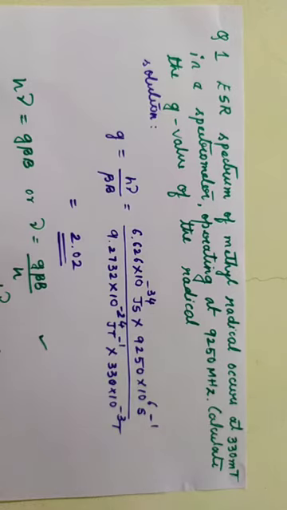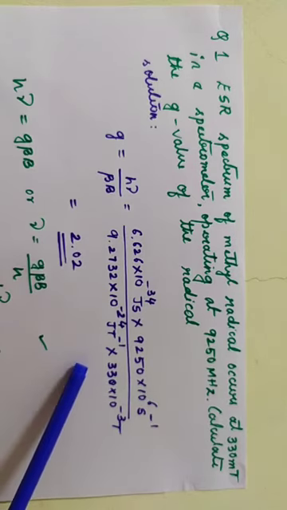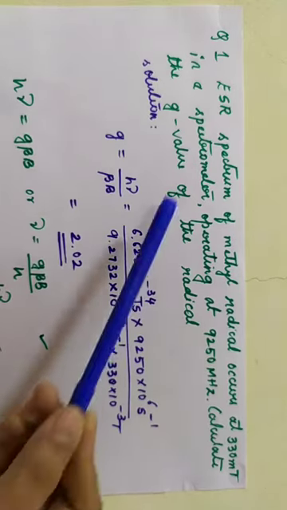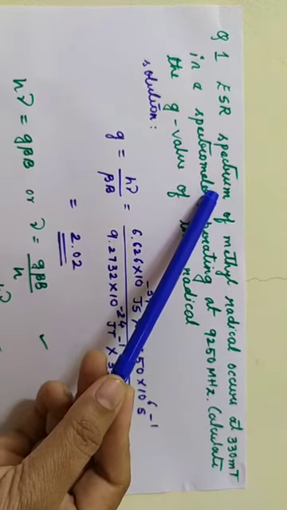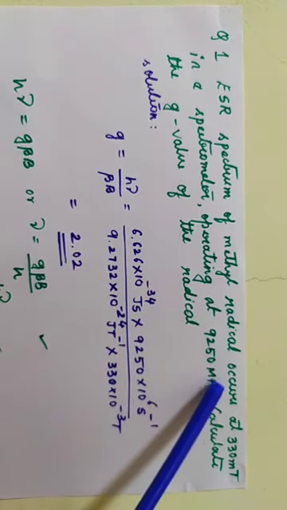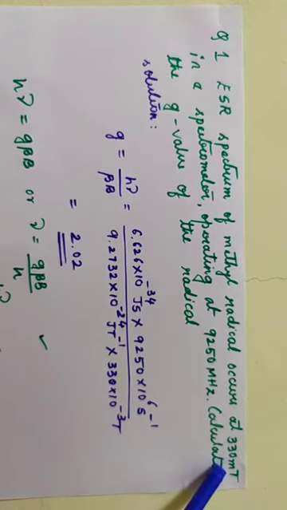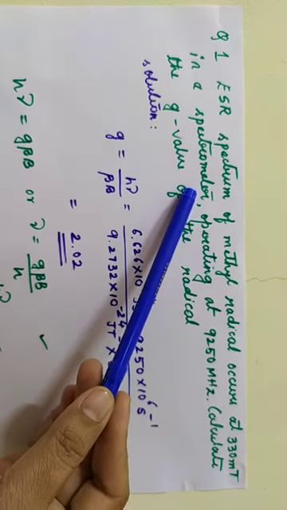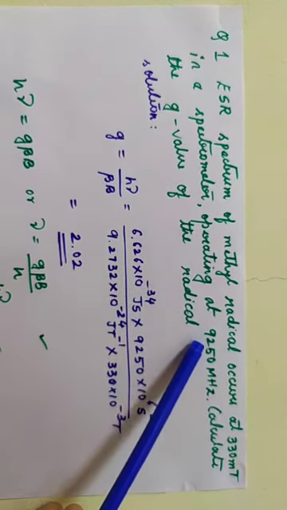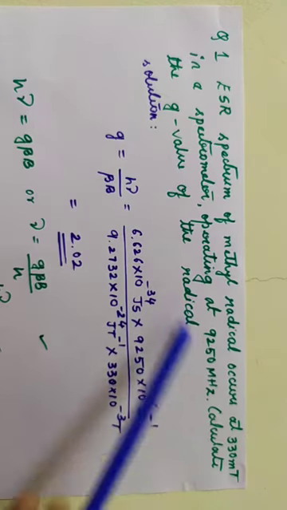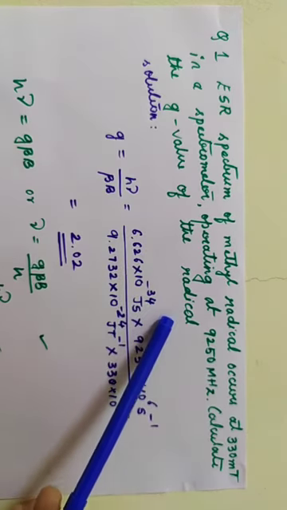Now let us calculate a few problems based on the resonance condition. Let us find out how to find the G value for different free radicals. This is the problem given. The ESR spectrum of methyl radical occurs at 330 millitesla in a spectrometer operating at 9250 megahertz. Calculate the G value of the radical.